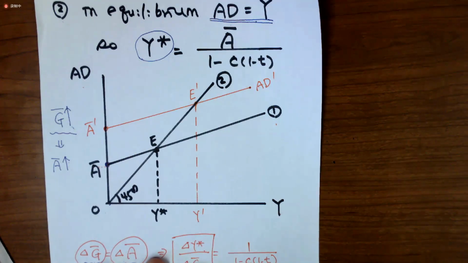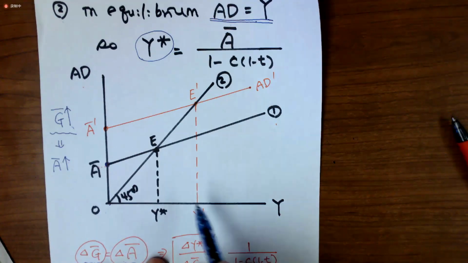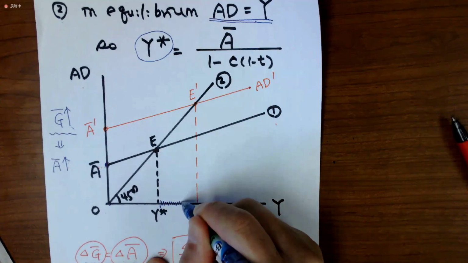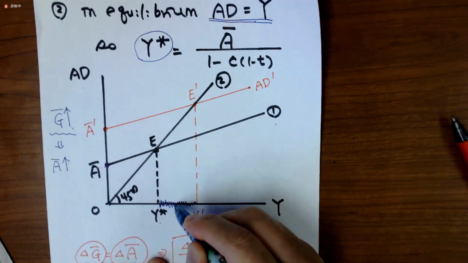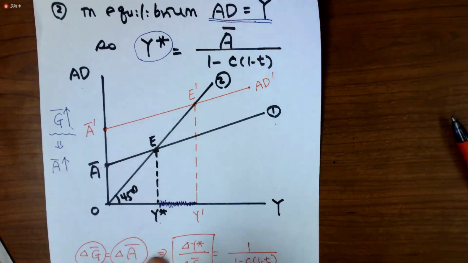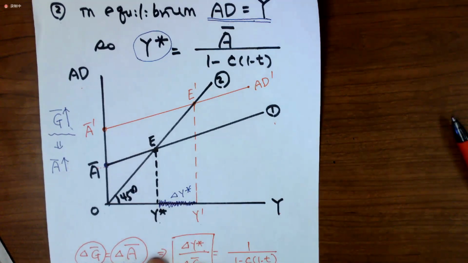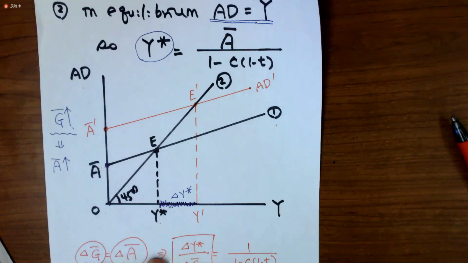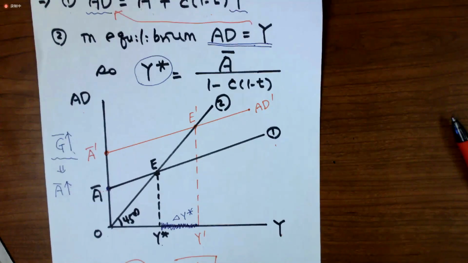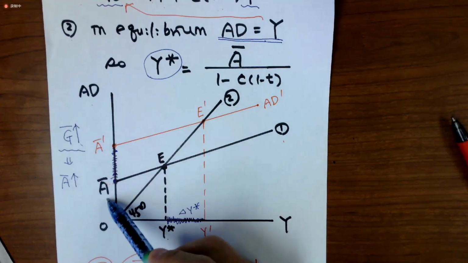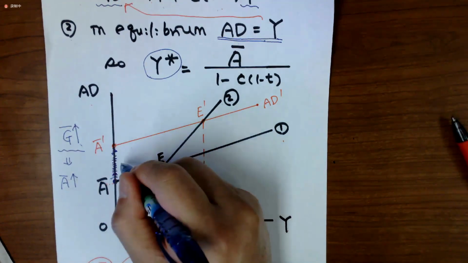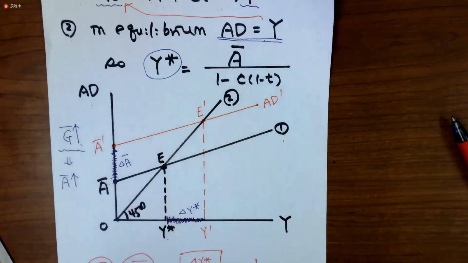So the difference between Y prime and Y star, Y prime minus Y star, is our change in equilibrium output. At the same time, on the vertical axis, the difference between A bar prime and A bar, which is denoted as change in A bar, is exactly equal to change in G bar.